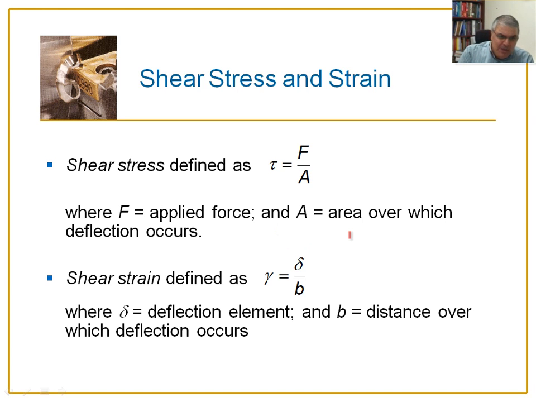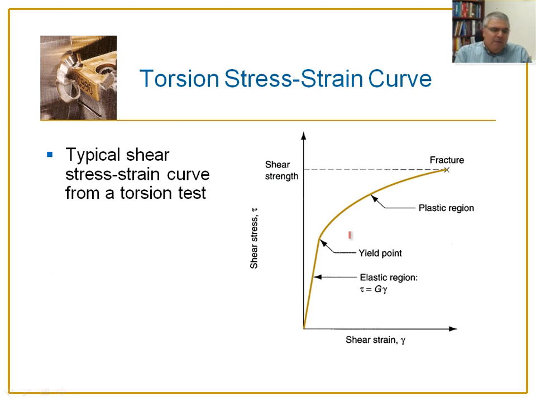Shear strain is also defined here, and that is the deflection delta divided by the distance over which the deflection occurs. So those are two important definitions that we just defined here.